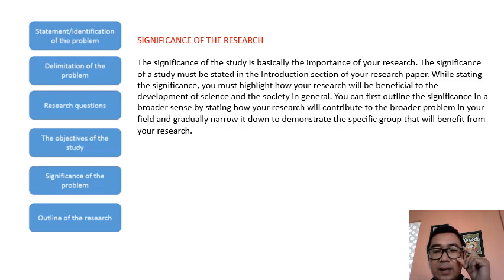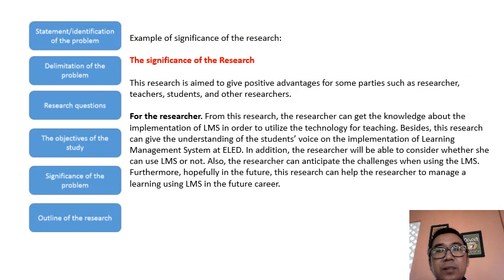Manfaat umum misalnya secara umum, research ini bermanfaat untuk pengembangan pendidikan melalui teknologi ya. Kemudian secara khusus bisa mengembangkan learning management system. Ini hanya salah satu contoh yang bisa dikatakan ya. Atau bisa dijelaskan dalam significance of the research.